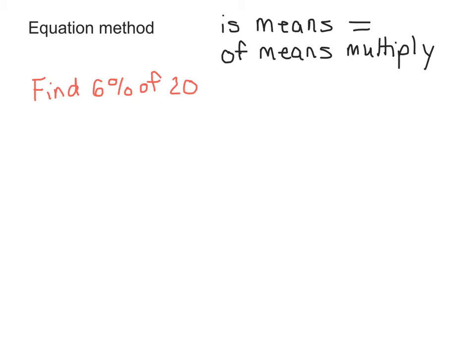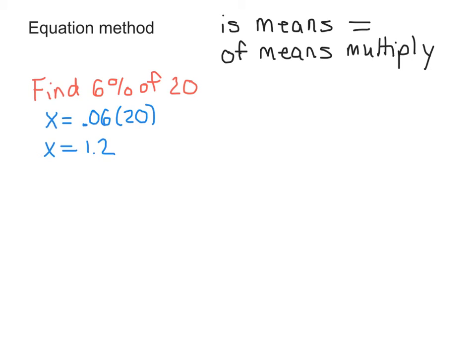So we're saying what we don't know. So we're going to say x is means equals 6%. We have to turn this to a decimal if you're using the equation method. Remember, move it over 2 times so you have 0.06. And then of means to multiply. Use a dot, use parentheses, don't use x to indicate multiplication because x is our variable here. So we're going to go ahead and multiply this. We're going to end up with x is equal to 1.2.